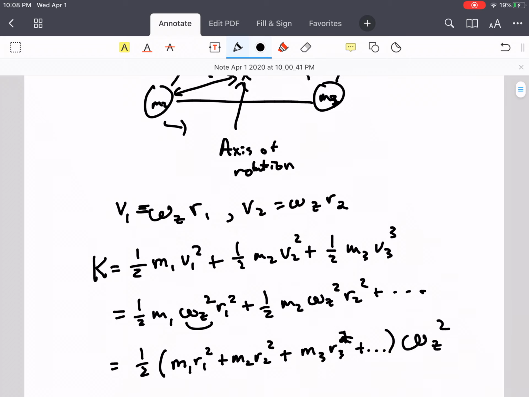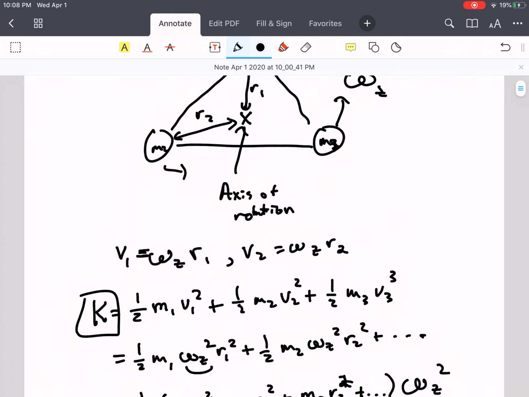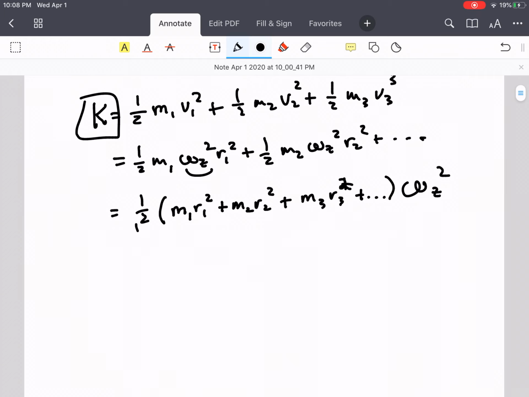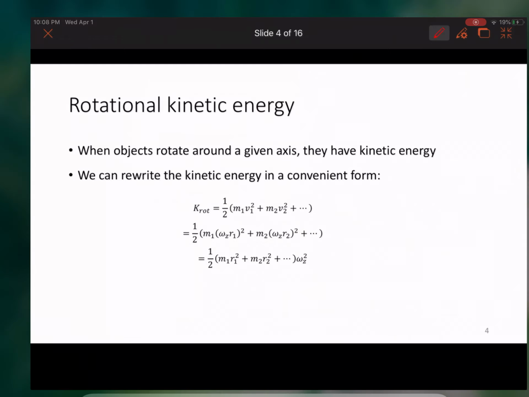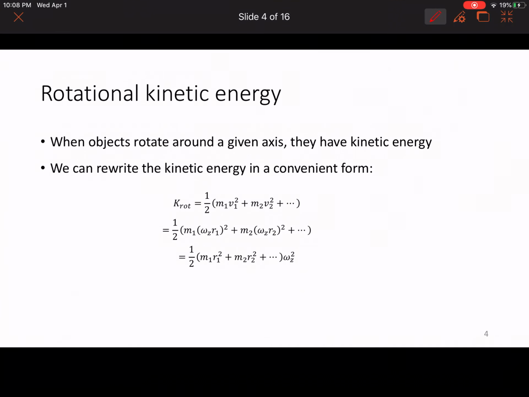So what you see is that the regular old kinetic energy can be written as 1/2 of some object times angular velocity squared, kind of like 1/2 mv squared. And this object in brackets is called the moment of inertia, I. It's worth quickly noting that this is not a new type of kinetic energy.